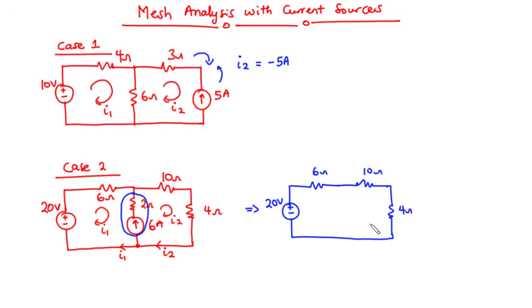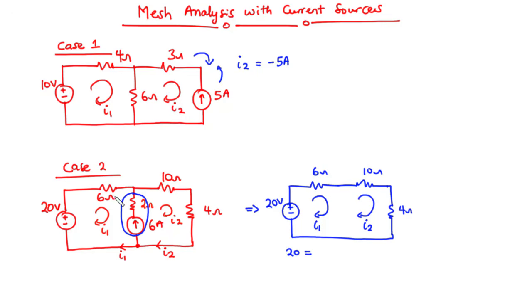Now, in as much as we eliminate this whole branch, we still have the idea that we are working with two mesh currents. So we still have I1 and then I2 in mind. So we can apply KVL to this supermesh, and then we know that the source voltage is equal to the sum of the voltages dropped across the loop. So applying KVL to this particular supermesh, we have 20 equals.